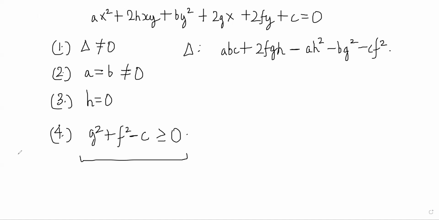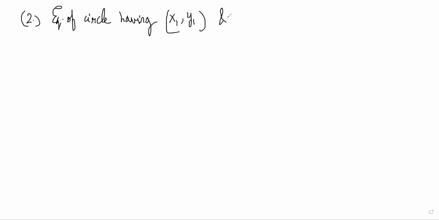Now we move on and we'll start discussing some of the theory that is important for you to know. Another type of circle equation can be written: the equation of a circle having x1, y1 and x2, y2 as the endpoints of a diameter.